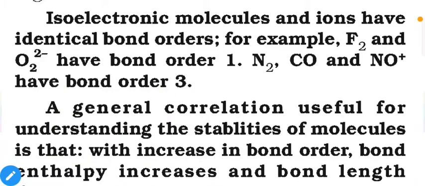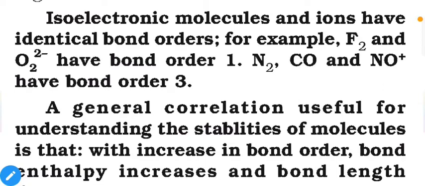Isoelectronic molecules and ions have identical bond order. For example, F2 and O2 2 minus have bond order 1. N2, CO and NO plus have bond order 3. Now isoelectronic means containing the same number of electrons. Let us find the number of electrons in each, for example, first comparing F2 and O2 2 minus.